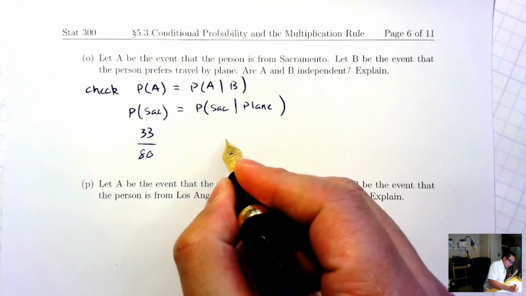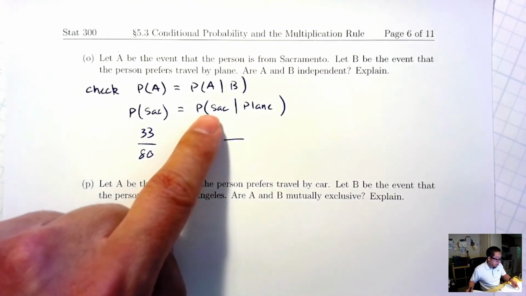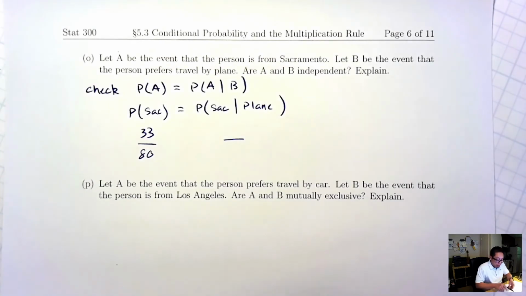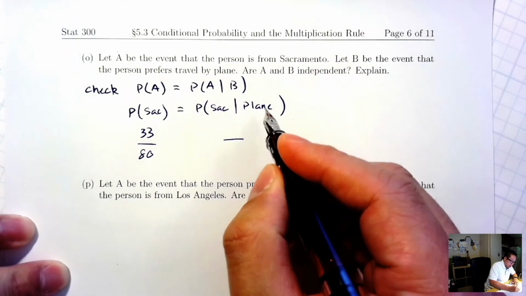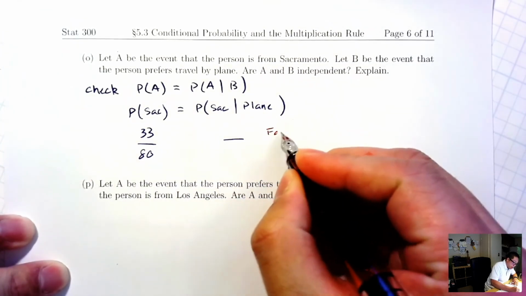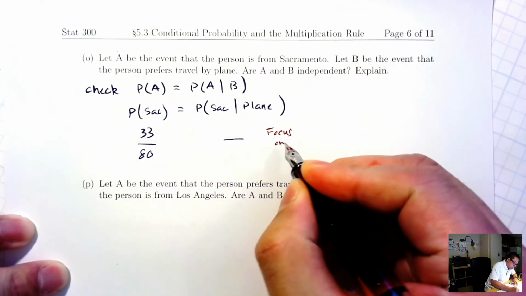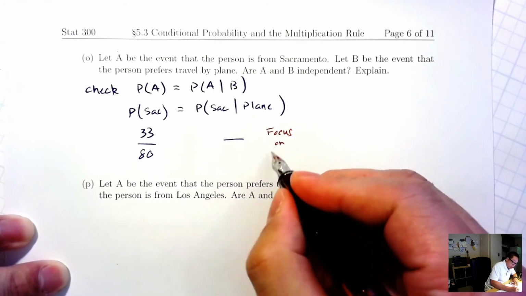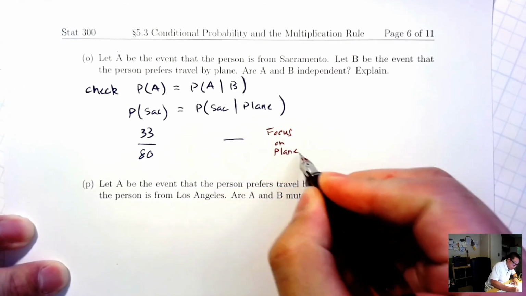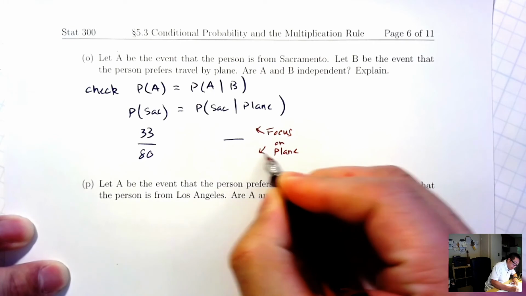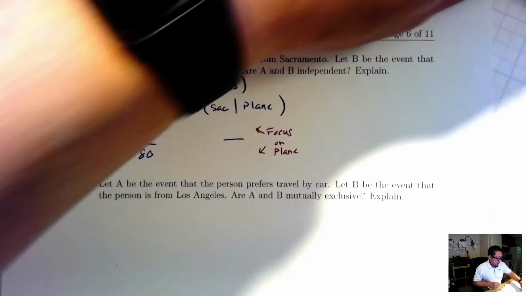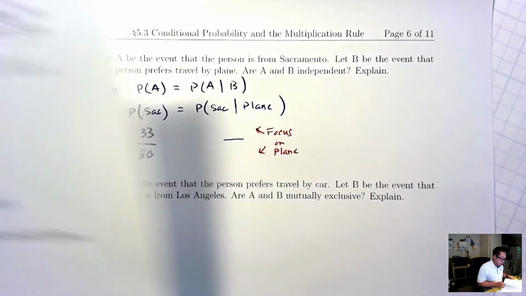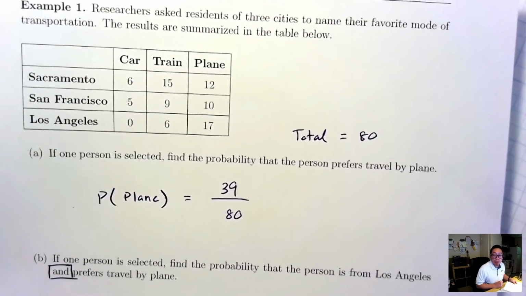The right side is Sac given plane. Remember, this is what we talked about today. For Sac given plane, I should be focusing on the given. I should be focused on just the plane numbers for the top and the bottom. Focusing just on the plane numbers, how many are there total?